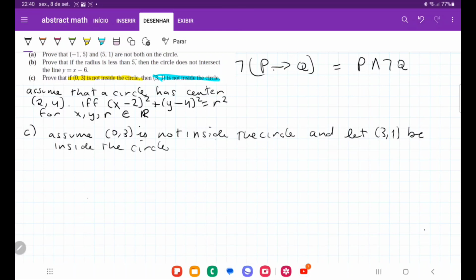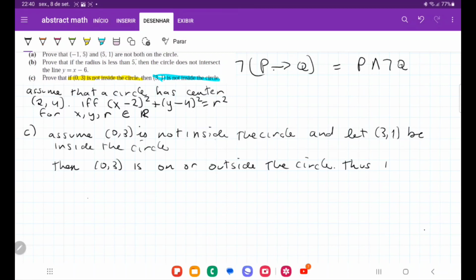Okay, so we've said P and not Q, which is the opposite of the conditional. So if (0, 3) is not inside the circle, then (0, 3) is on or outside the circle.